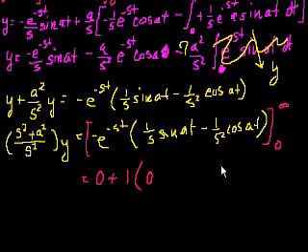So what is cosine of 0? Cosine of 0 is 1. So we have minus 1 over s squared times 1. So that is equal to minus 1 over s squared.